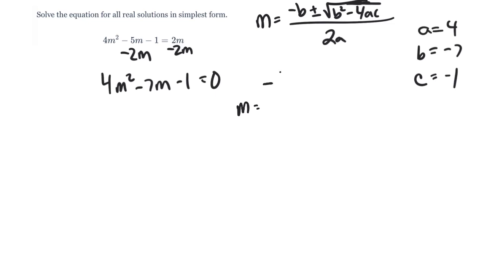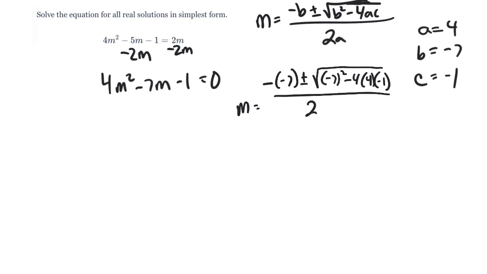negative b, so negative and negative 7 plus and minus the square root of negative 7 squared minus 4 times my a value of 4 times my c value of negative 1. It's all going to be over 2 times 4. When I put all this together, negative 7 makes positive 7.